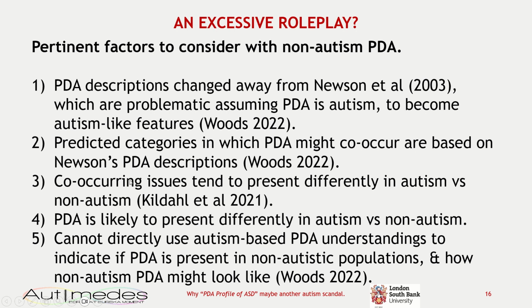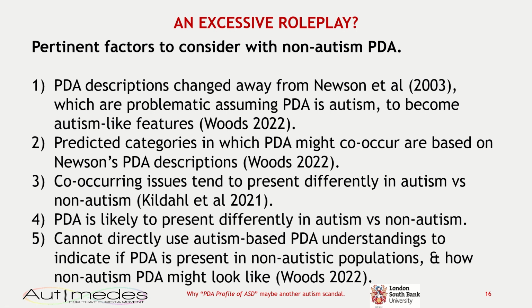It's also compounded by the fact that we know that co-occurring difficulties tend to present differently in autistic versus non-autistic people, which means PDA is likely to present differently in non-autistic persons versus autistic people. That means you cannot directly use autism-based PDA understandings to indicate if PDA is present in non-autistic populations and what non-autism PDA might look like.